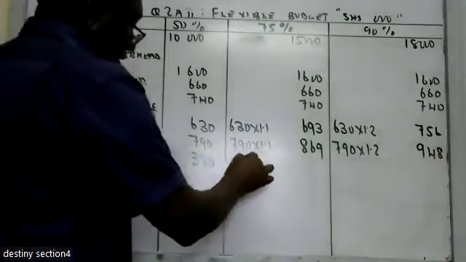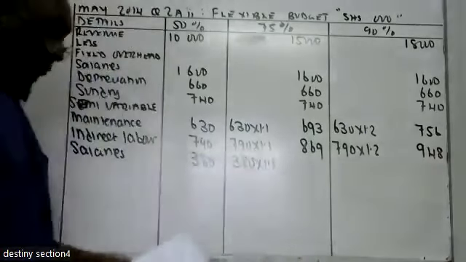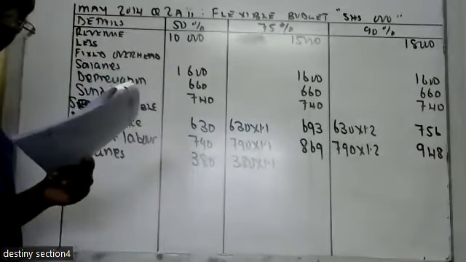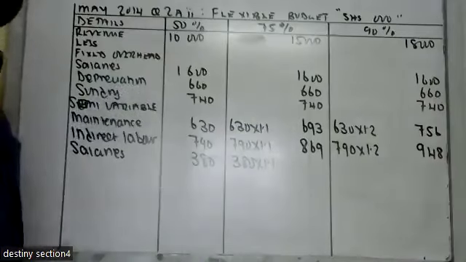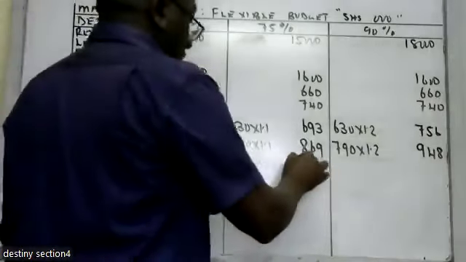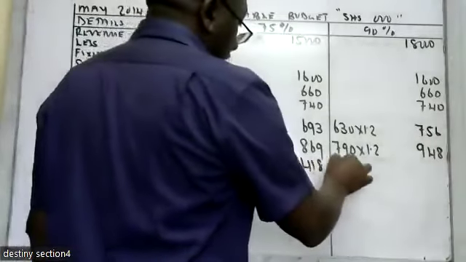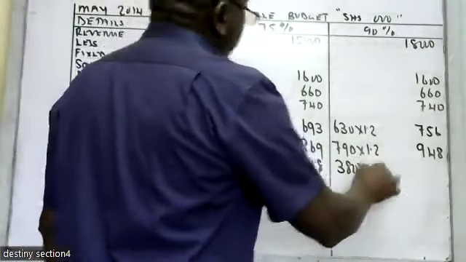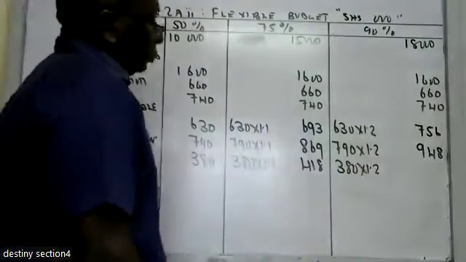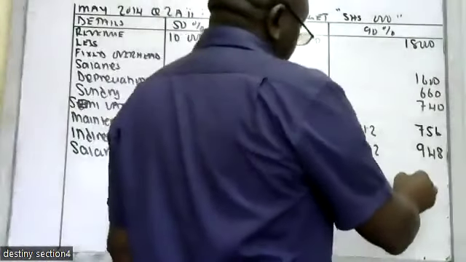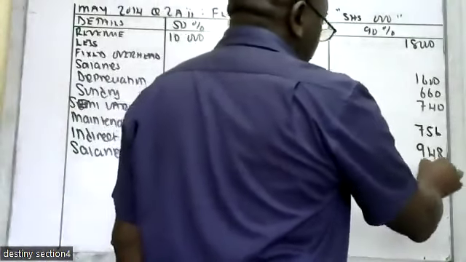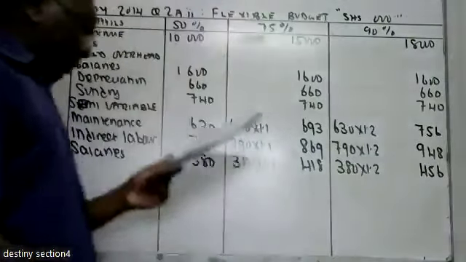So 380 times 1.1. 418. Then 380 times 1.2. 456.